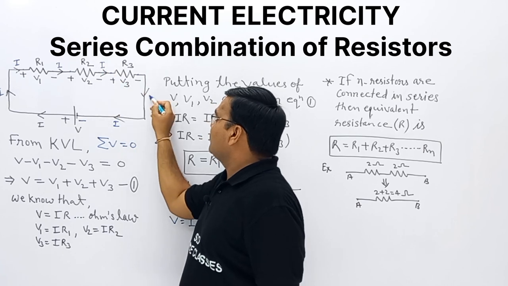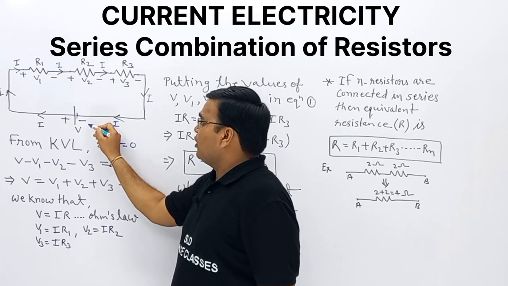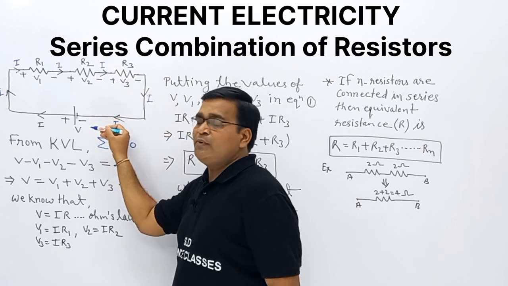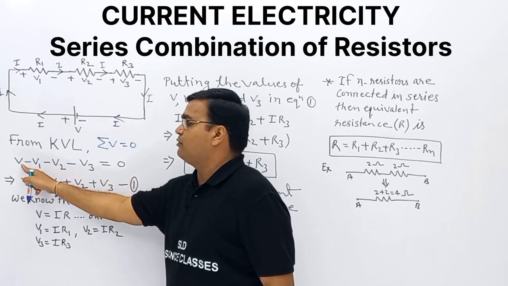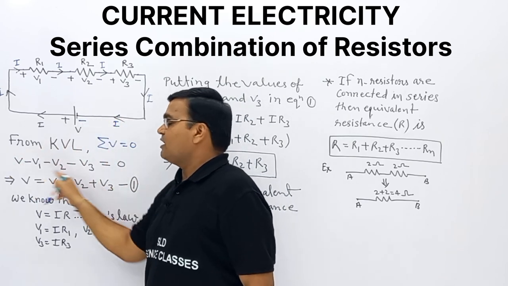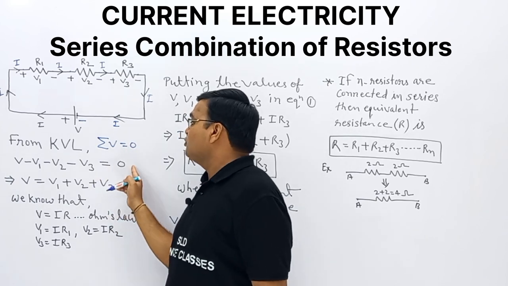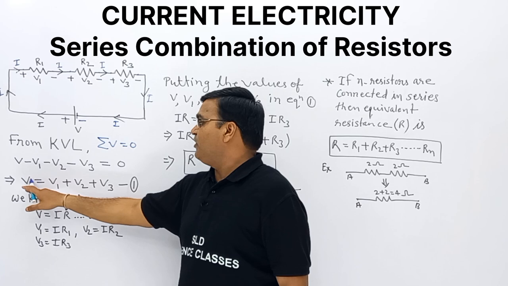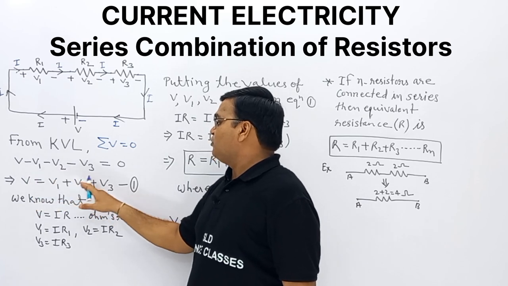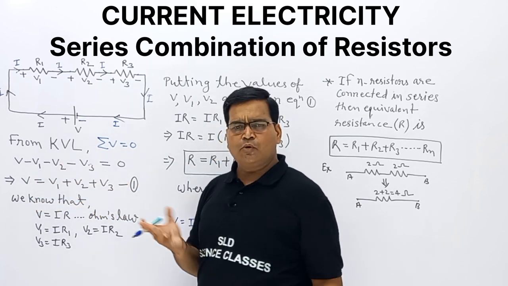Now this current I is entering the negative terminal in the source, so we take positive, take the sum and set it equal to 0. Clear? Now separating, V equals V1 plus V2 plus V3.